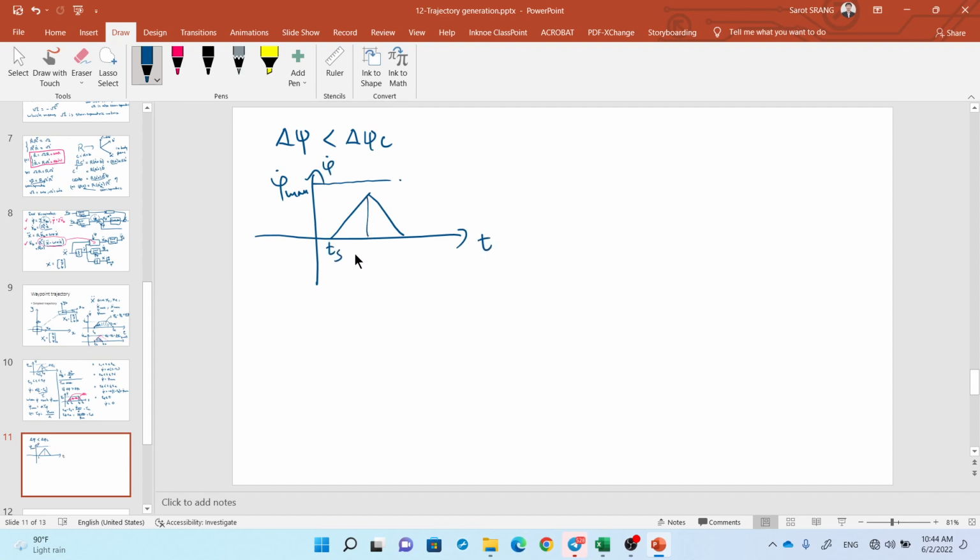So here is t start, t at the peak, and te.